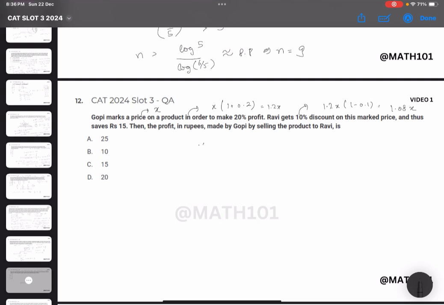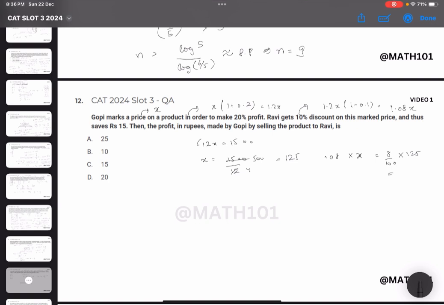So 0.12x is equal to 15. So x equals 1500 divided by 12, which becomes 125. And the profit Gopi makes is 0.08 times x, that is equal to 8 by 100 into 125.